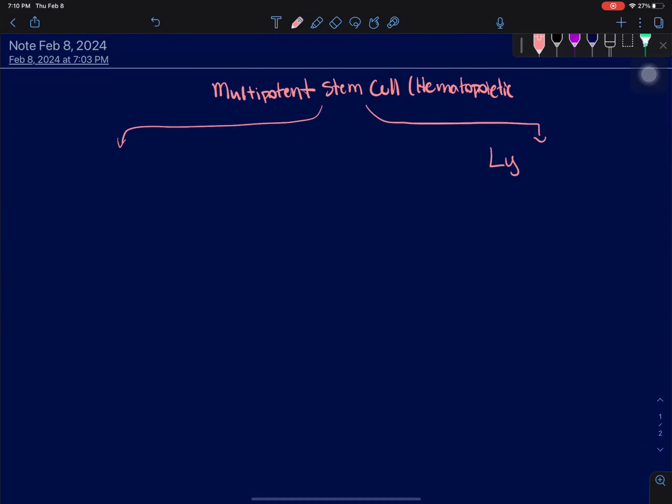The lymphocytic first lineage cell will be your lymphoid stem cell. And the first cell on the myelogenous side will, guess what? The myeloid stem cell. I'm making you do a lot because you write out what the lineage is: the myelogenous lineage and the lymphocytic lineage.